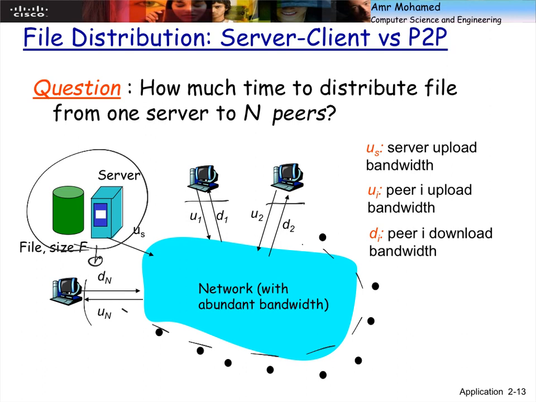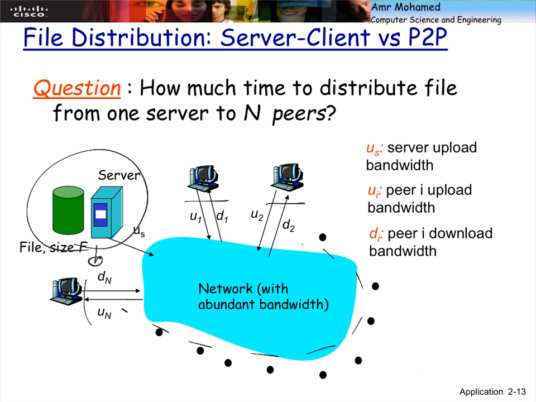Using the client-server approach, we need to distribute this file to all the clients, assuming that all of these clients initiate the communication with the server and ask the server to download this file. So now the server has N requests from these clients to distribute this file.